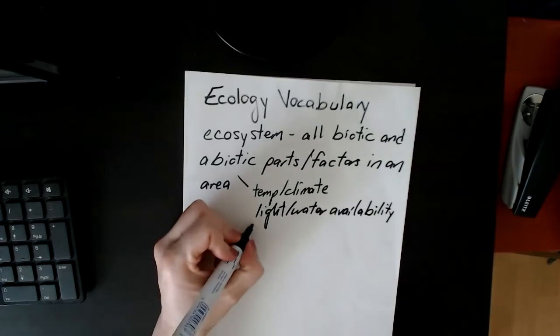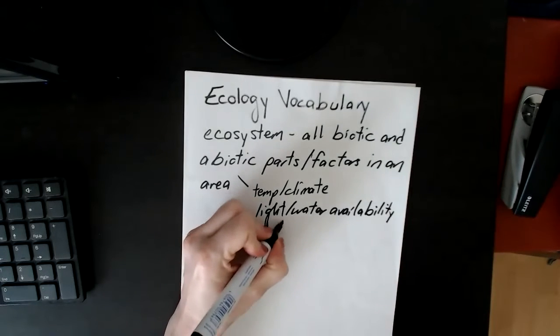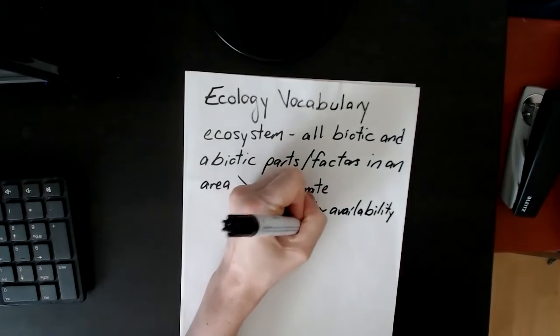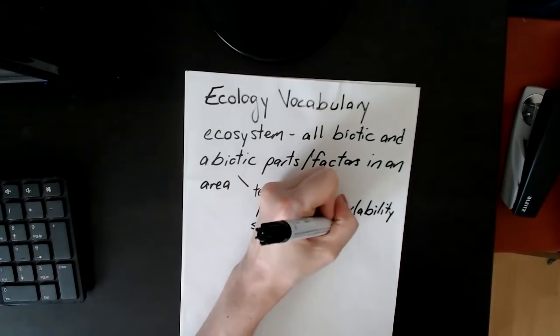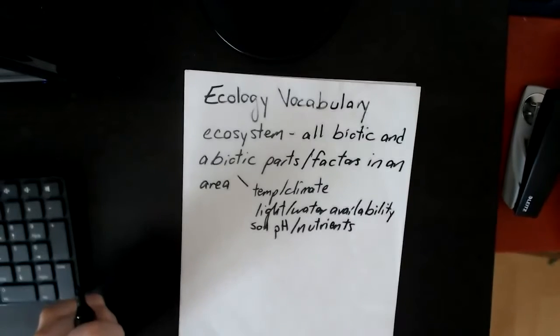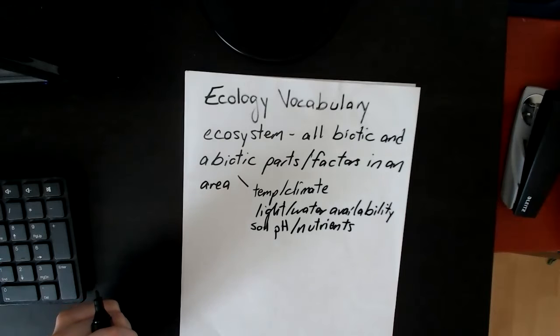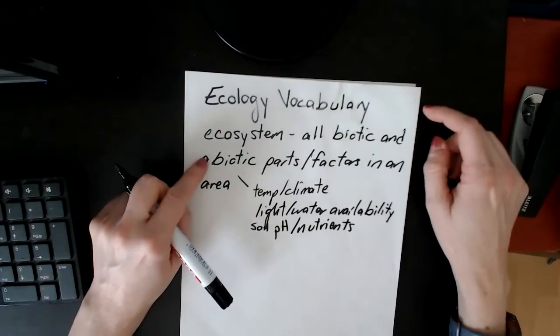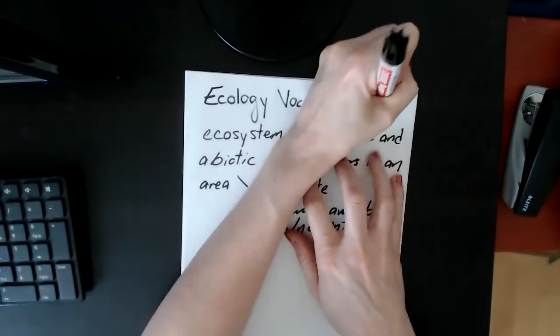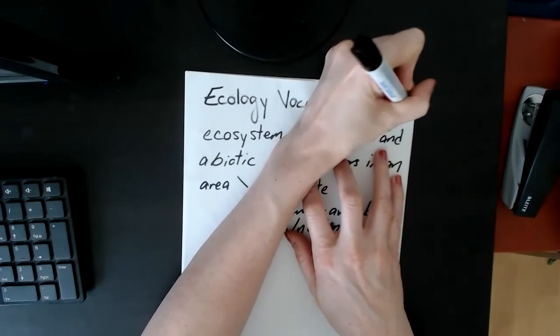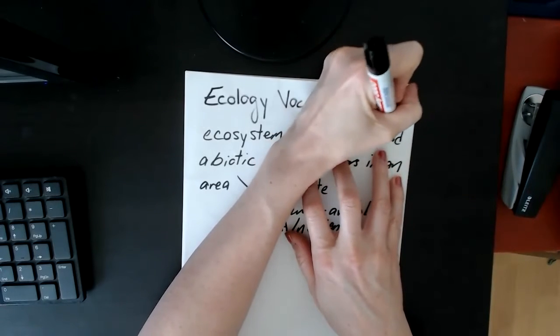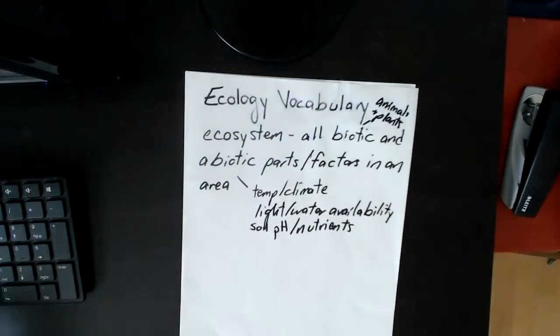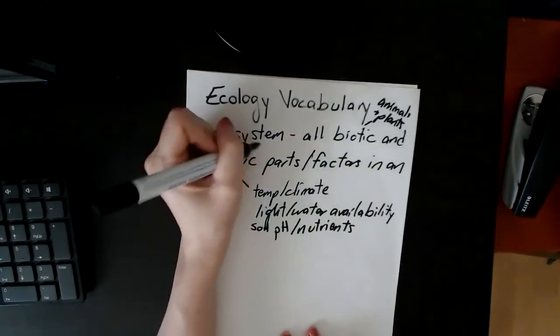So soil pH or the nutrient availability, which minerals and ions are available within the soil. Okay. So those are going to be abiotic things. Biotic are simply animals and plants. All right. So that's an ecosystem.